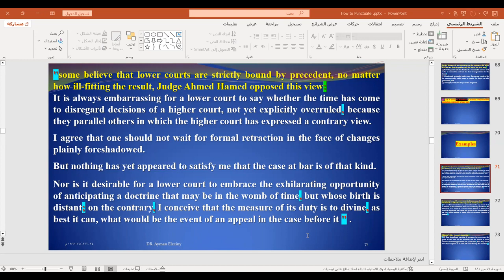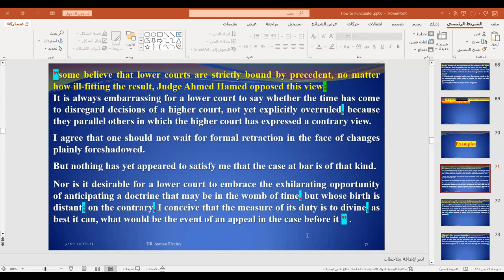After we write that Ahmed opposes such a view, we write the following: It is always embarrassing for lower courts to say whether the time has come to disregard decisions of higher courts, not yet explicitly overruled, because they parallel others in which a higher court has expressed a contrary view.